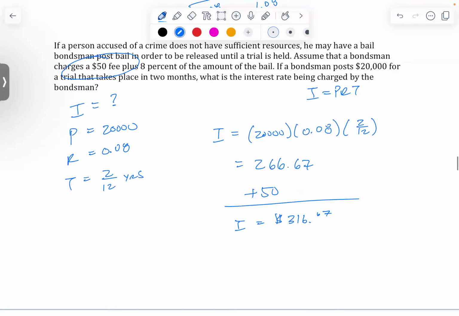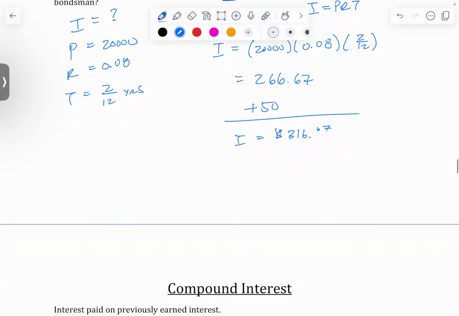So this one, all right, and then we're trying to identify what interest rate is being charged, which means now we need to solve this backwards, I equals PRT, to find what the actual rate is, because this flat fee, even though they said it was an 8% interest rate, really increases the interest quite a bit. And that's the big thing, right? No matter what interest rate you are told, watch out for flat fees because that's what really boosts it up.